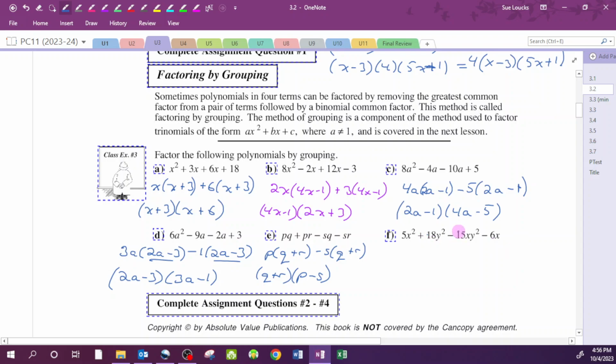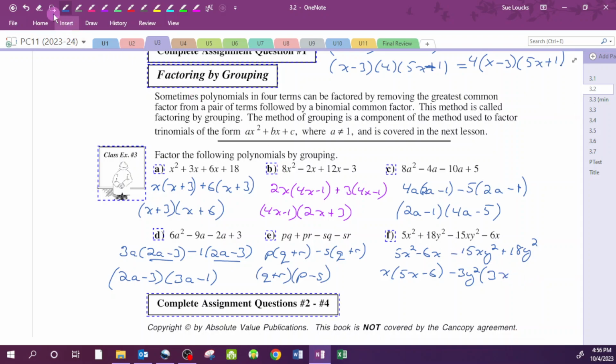So maybe if I group them, with 5x squared minus 6x minus 15xy squared plus 18y squared, that might factor nicely. Let's try it. Here the common factor I have is just x times 5x minus 6. And here I've got a y squared, but I've also got a -3. So I can factor out -3y squared.